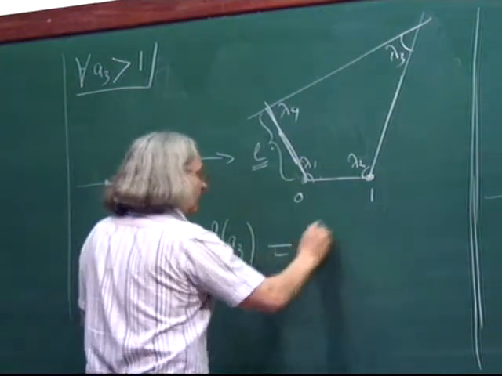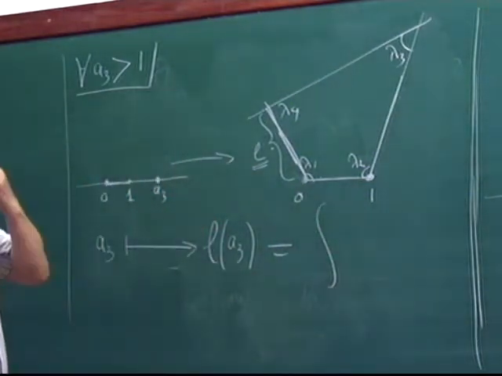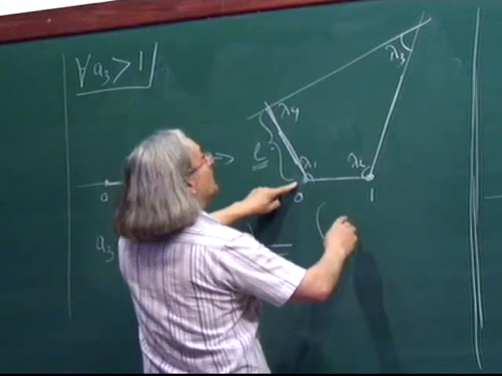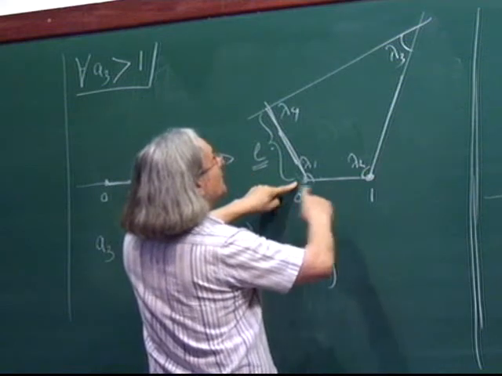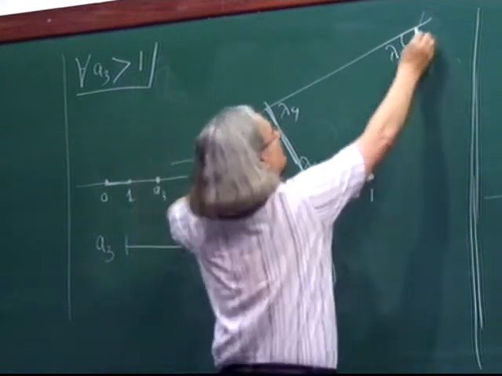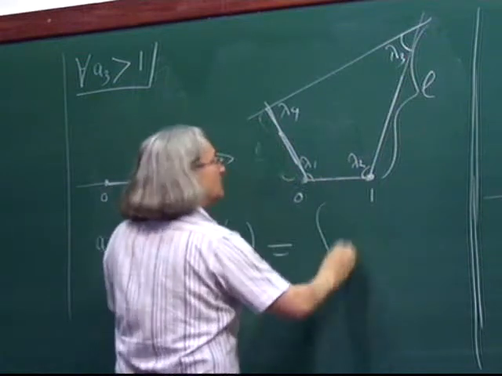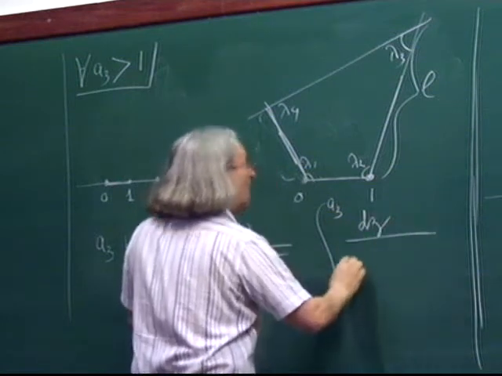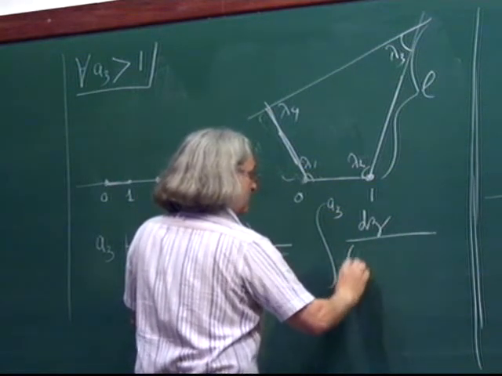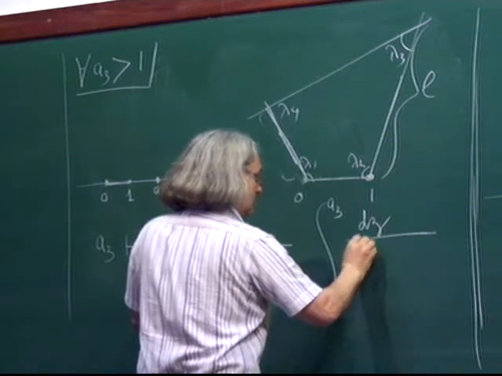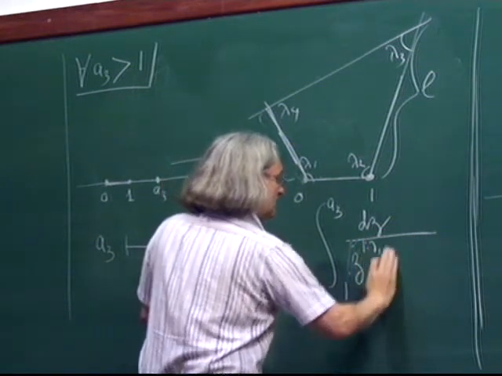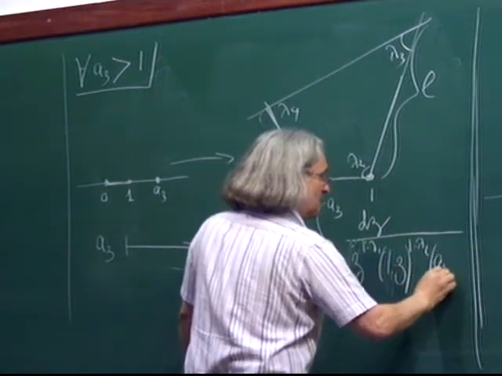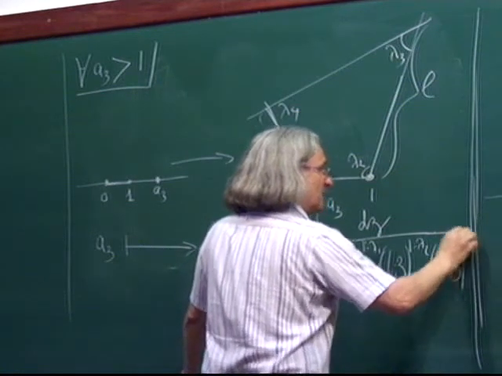It's the integral from 1 to A3 of dz over (1 minus z) to the 1 minus lambda 2, and (A3 minus z) to the lambda 3.